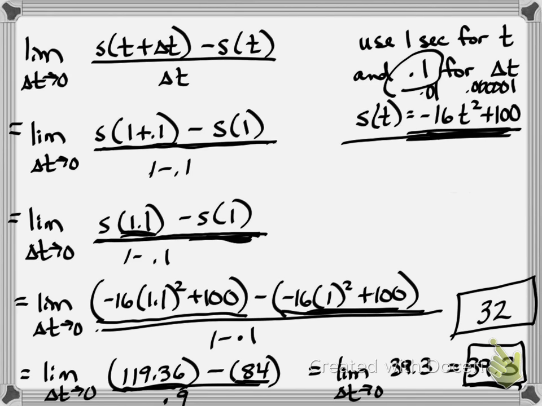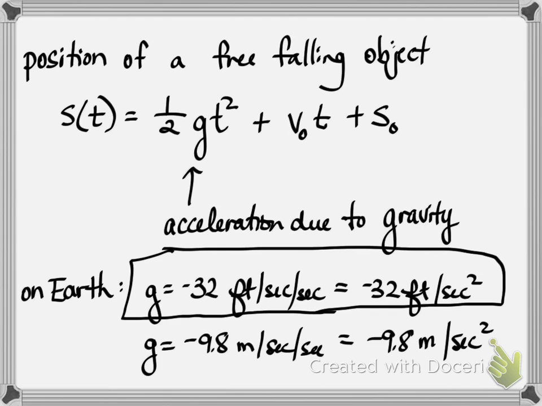So maybe you thought that was interesting. Maybe you didn't. You do not have to recreate this. We will just all memorize that on Earth, the acceleration due to gravity is negative 32 feet per second squared, or negative 9.8 meters per second squared.